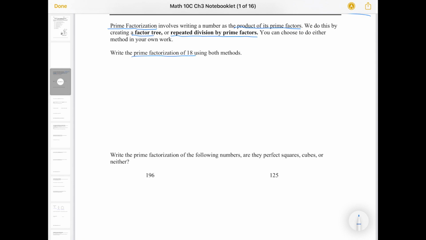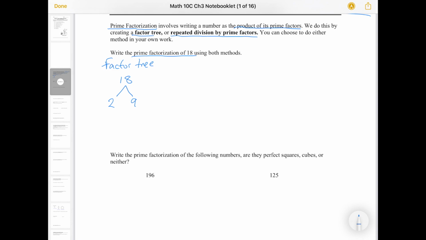Prime factorization of 18. So if we have a factor tree, then I put 18 at the top in the middle, and I'm going to think of any factors of 18. They don't have to be prime numbers, which is the bonus of this one. Well, 2 and 9 come to mind.